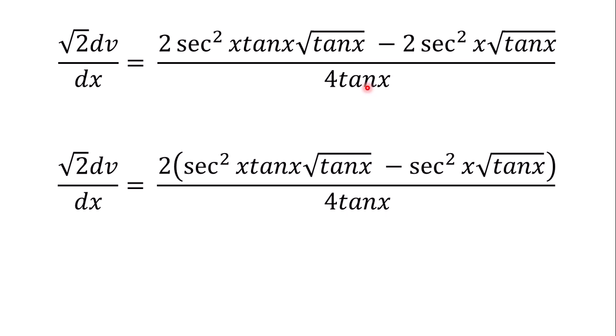times square root of 4 tangent x times what? Tangent x. So square root of 4 tangent x times square root of tangent will give us what? Tangent x, multiplied by tangent x will give us what? Tangent x squared. Okay, so this one is what? Tangent x squared. Okay, so here is going to be 2 because this will cancel out with what?